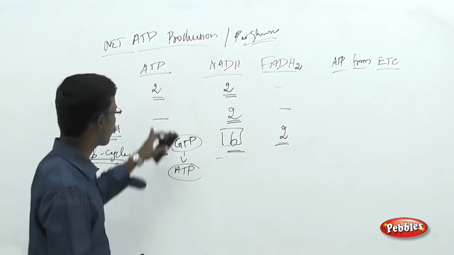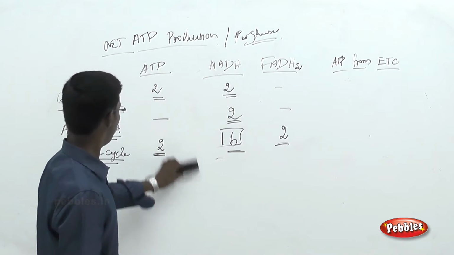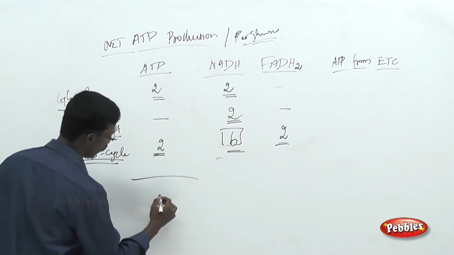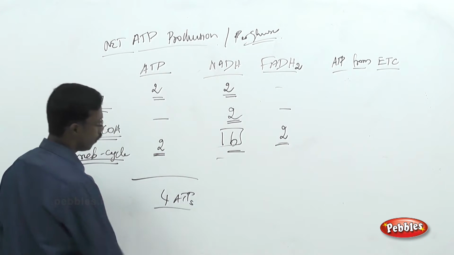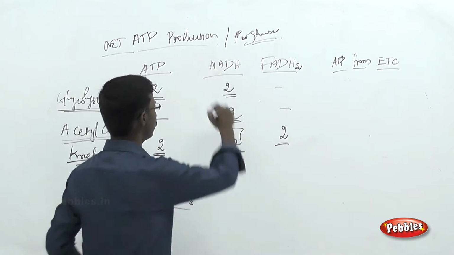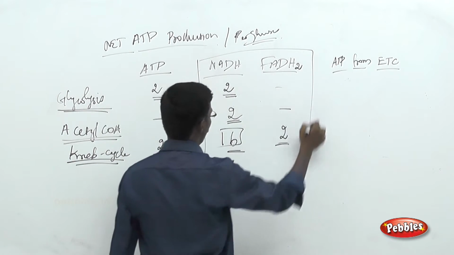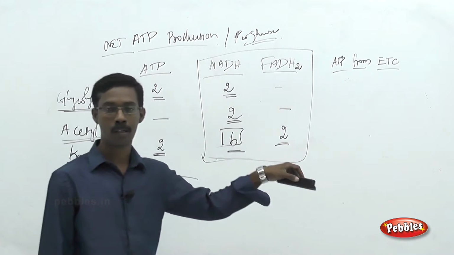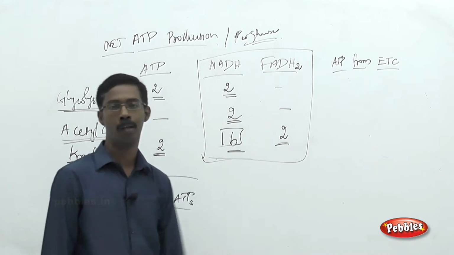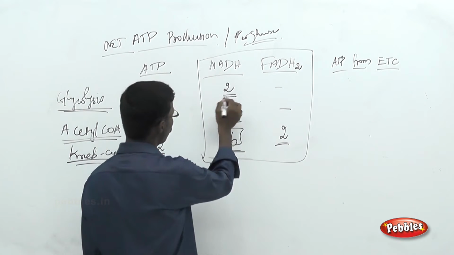As I told you, these are all the direct ATP molecules. There are totally 4 ATPs. And from here, as I told you, the NADH and FADH2 molecules are going to enter the electron transport chain to synthesize ATP molecules.